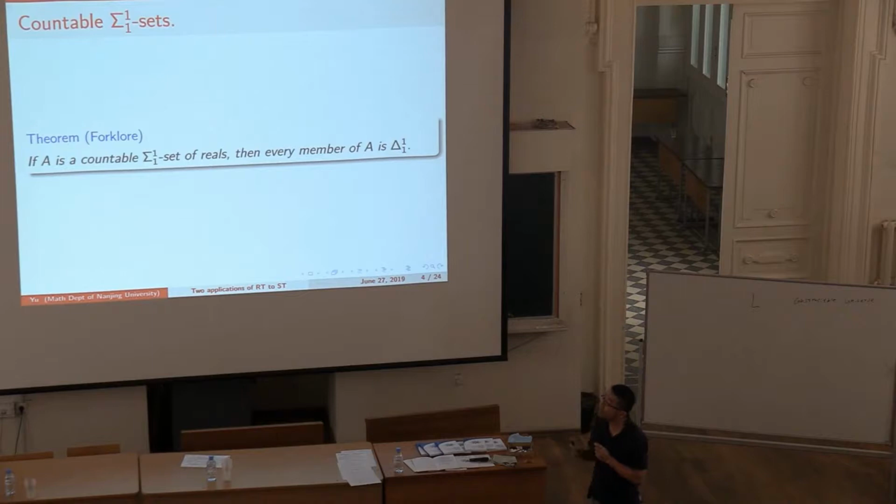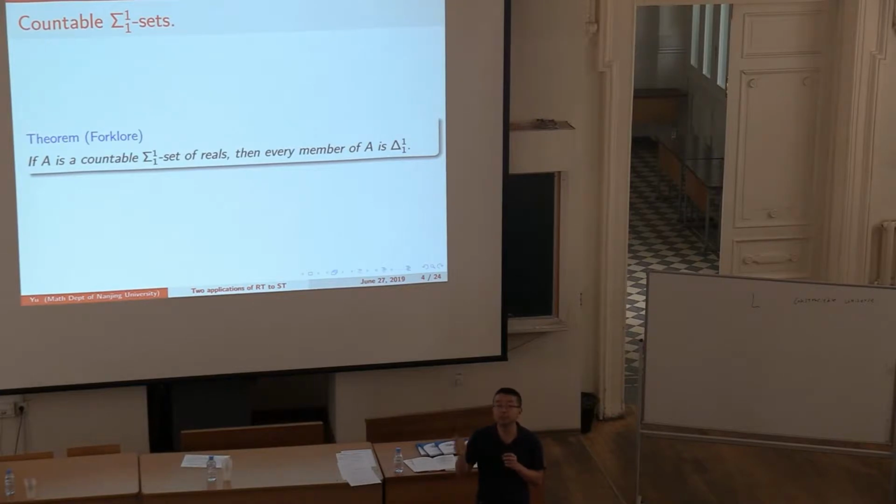If A has only one member, then it's considered a Sigma^1_1 singleton, and of course there is a direct proof by calculating the predicate that it must be Delta^1_1. But it is also true for countable A that every member is Delta^1_1. And you can see it in a reverse way: if A is Sigma^1_1 and has a non-Delta^1_1 member, then it must have a perfect subset.